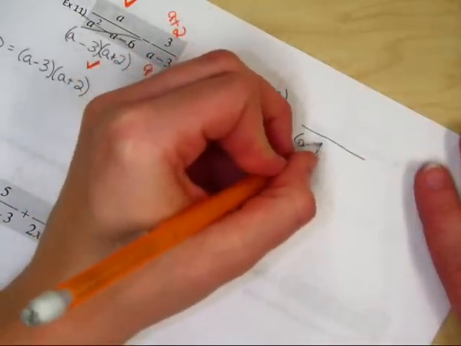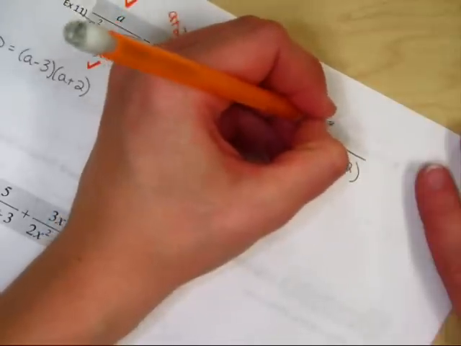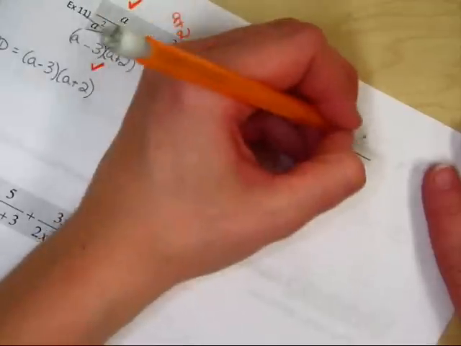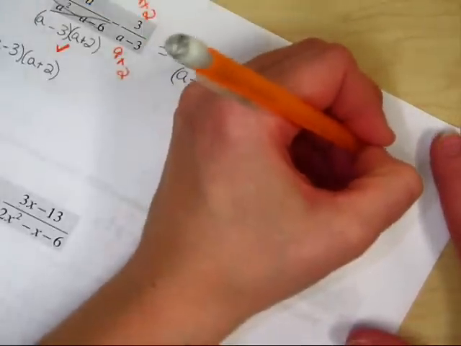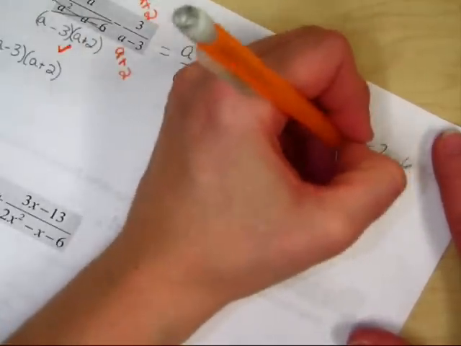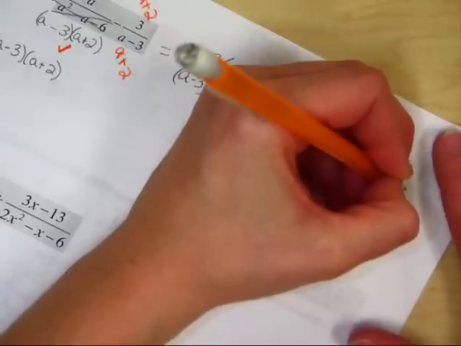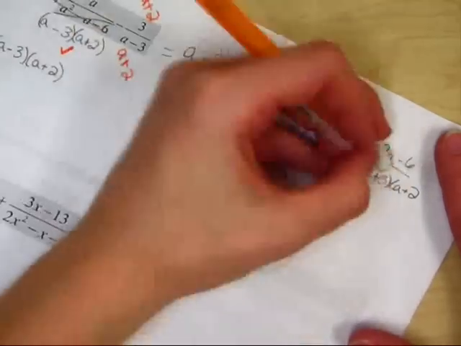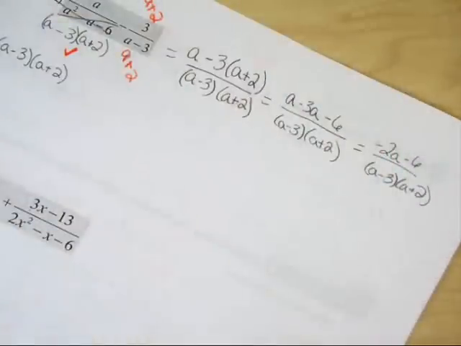Bottom stays the same. The top is a minus 3a minus 6, which turns into negative 2a minus 6 over your common denominator that we had. Now for the last step here, what we're going to do is we're going to take a look at the top.